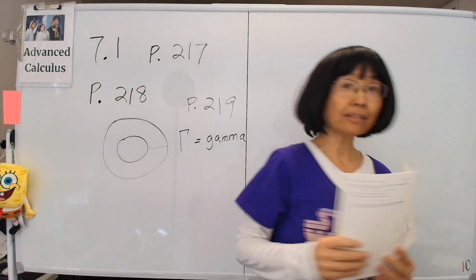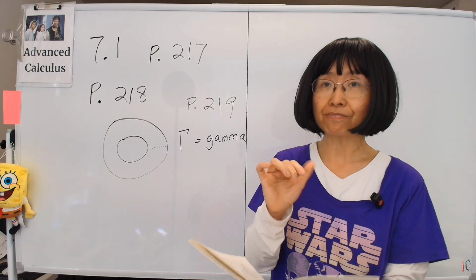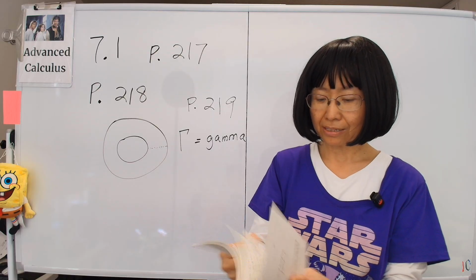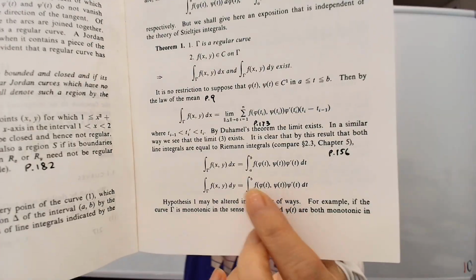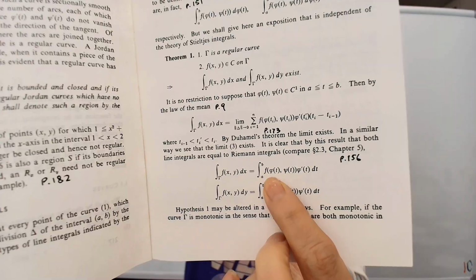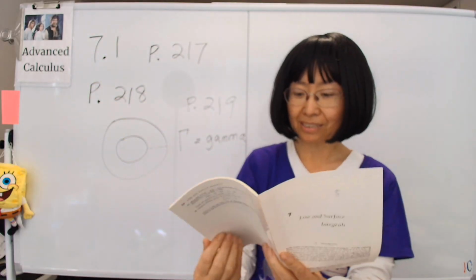And then another thing we should mention is that if we set phi of t equal to t in this formula here, that is our formula that we derive from here, okay, this thing. Imagine phi of t becomes t, then phi prime t dt is also just dt.